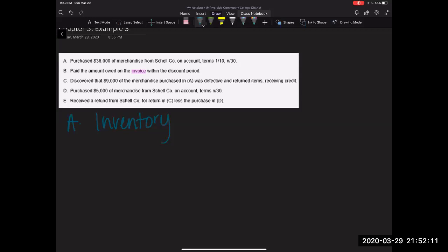If we did 36,000 times 99%, or you can do it the other way, you should have come up with $35,640. So that's our debit, $35,640. And then our credit is accounts payable. It's an IOU. It said in the example that it was on account, right? There we go.